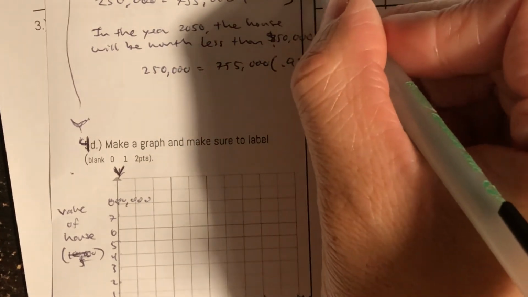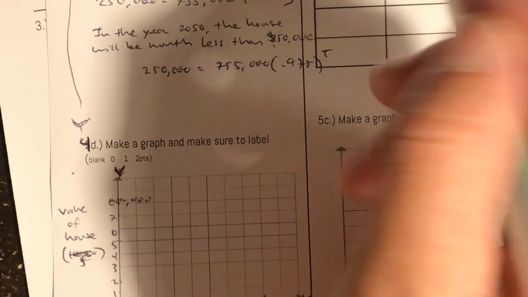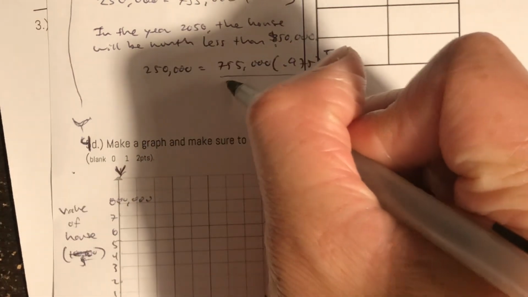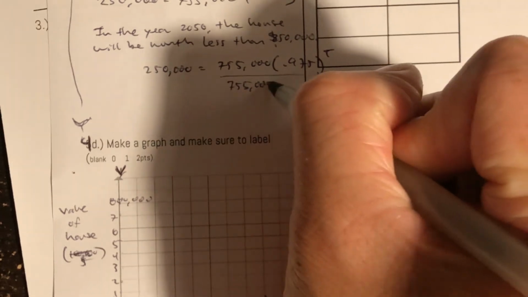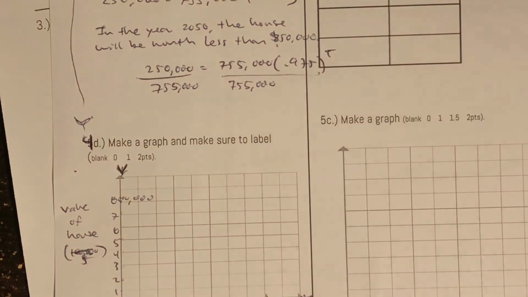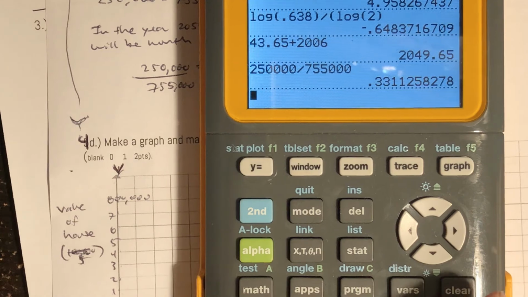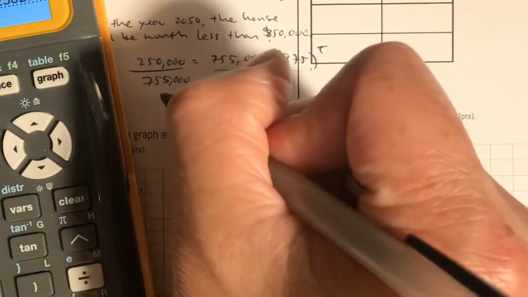And then we are solving for time. You can divide both sides by this amount, and you're going to get a decimal. Lots of decimals is better.